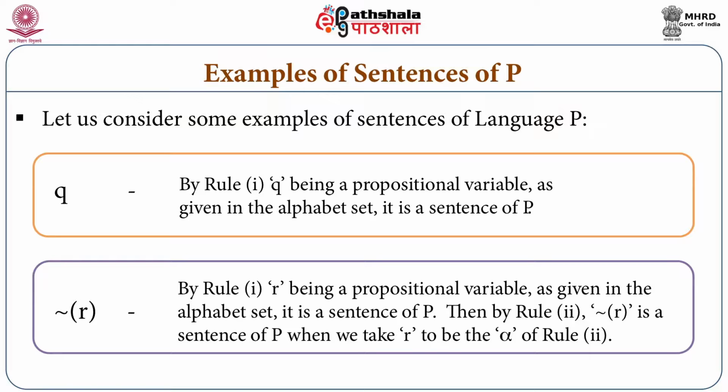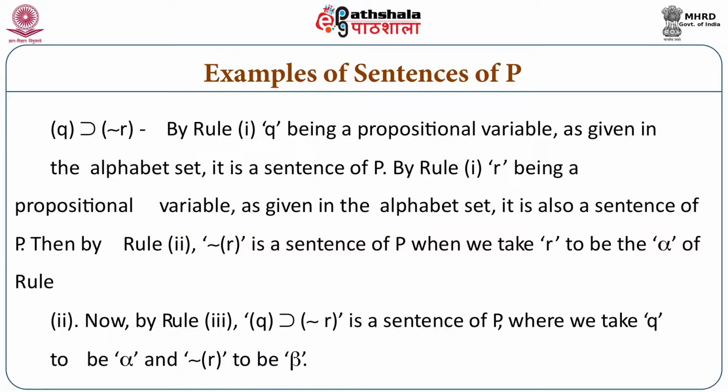We can consider another one, negation R. By rule number 1, R being a propositional variable, it is a sentence. By rule number 2, when we negate any propositional variable, it becomes a valid sentence. So negation R is a sentence in our system.